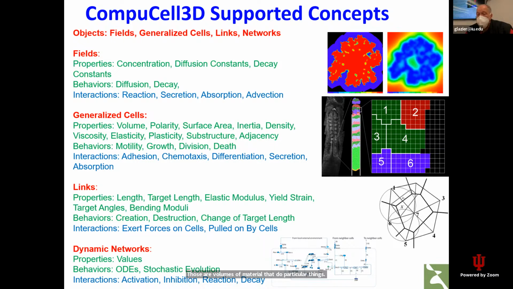We'll have a concept of fields, continuously varying processes. Those could be chemical concentrations, they could be gravitational fields or electrical fields. There's a concept of links. Those are rigid objects in the world, springs, essentially. And in a non-spatial context, networks of control. Each one of these object classes will have its own set of properties, its own set of behaviors and interactions. And we're going to have to learn what those are and how to control them.